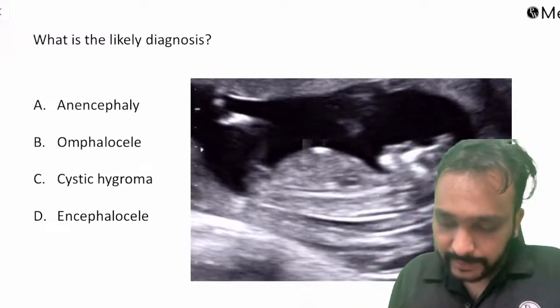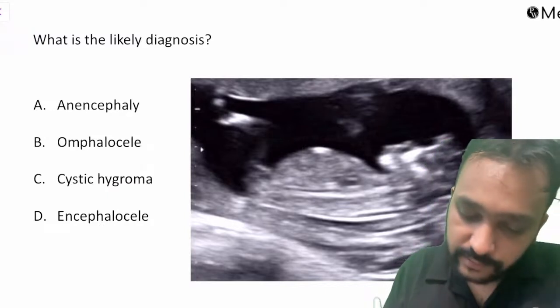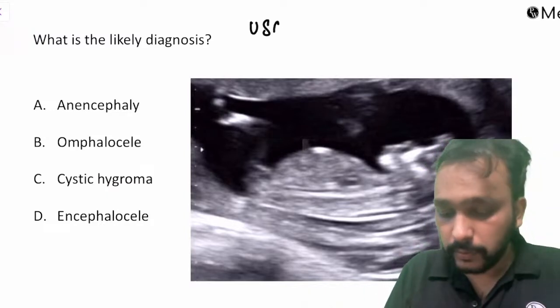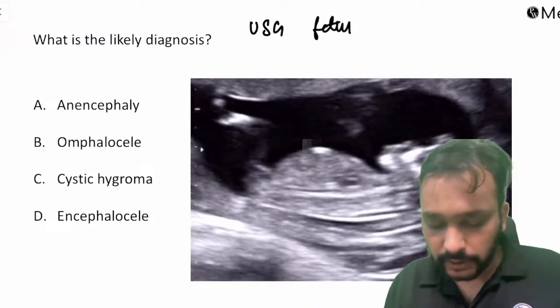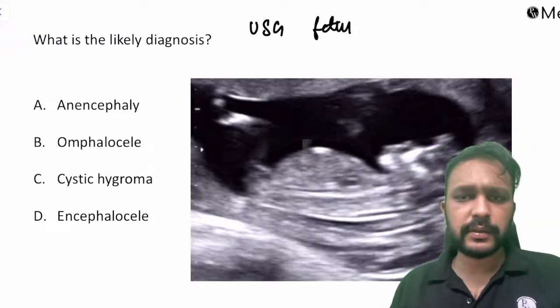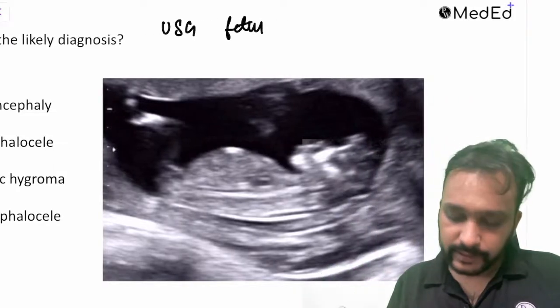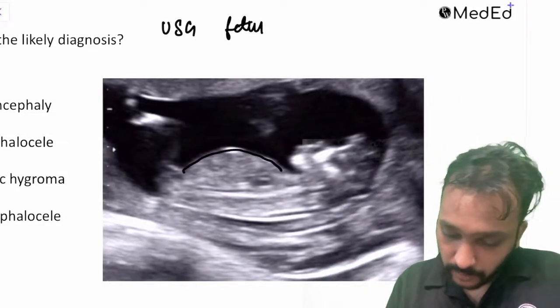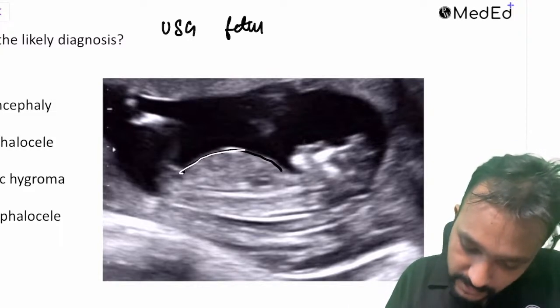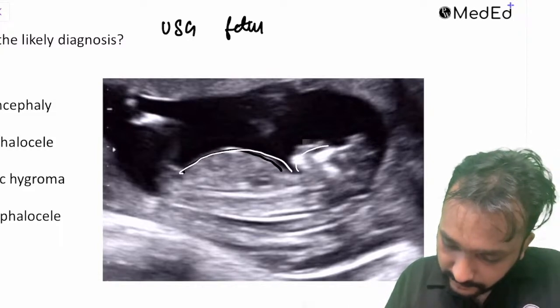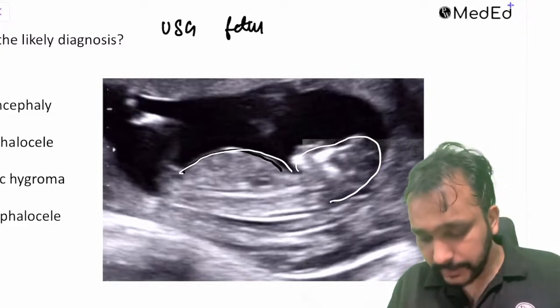What is the likely diagnosis? So guys, we have been given an ultrasound image of the fetus. Here we can see that this is the abdomen and chest of the fetus. This is the face and head region, right?